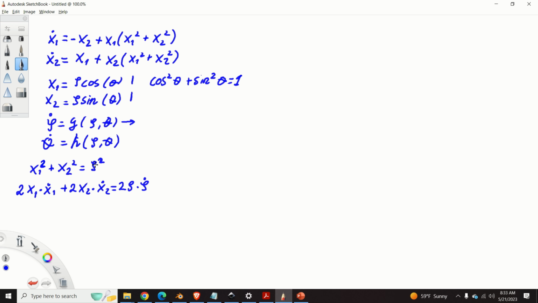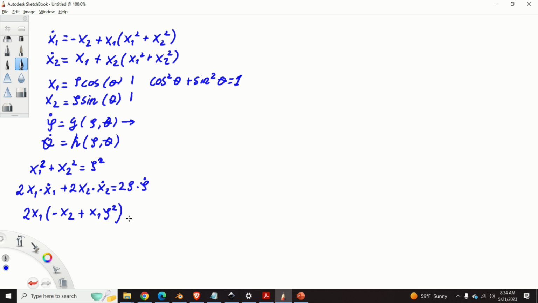Next, we need to substitute the expressions for x1 dot and x2 dot in this equation. By performing this substitution, we obtain this equation. 2 times x1 multiplying minus x2 plus x1, and instead of x1 squared plus x2 squared, I can simply write rho squared.